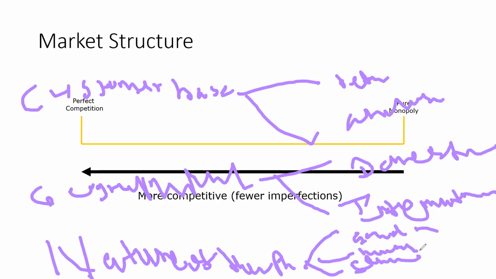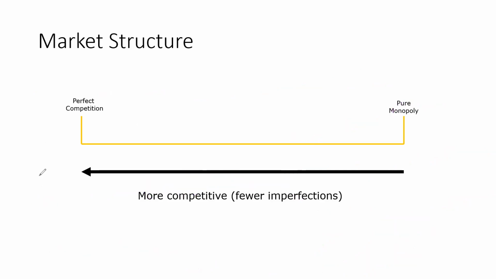But here we are going to learn 4 different market structures, classified only based on the competitiveness, right?